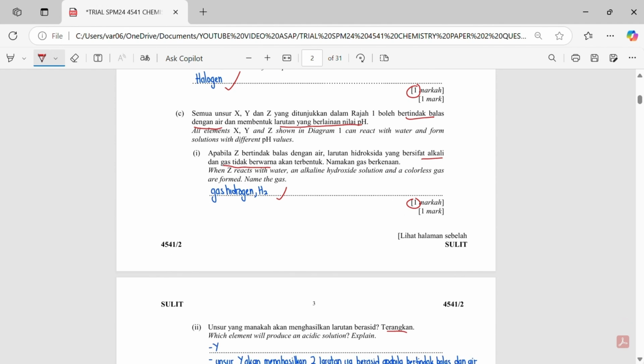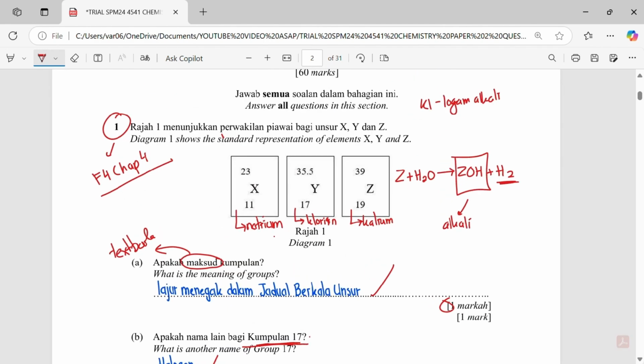Okay. Unsur yang manakah akan menghasilkan larutan berasid? Terangkan. Well, based on X, Y and Z, X and Z, when it reacts with water, it will form larutan alkaline. However, Y, which is chlorine, when it reacts with water, it will form larutan berasid.